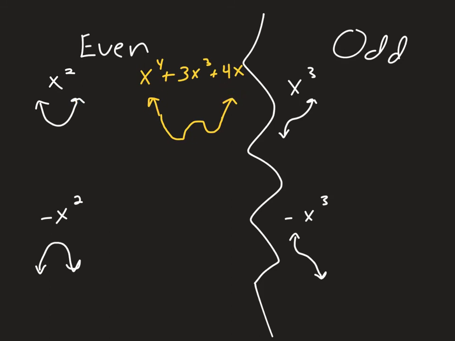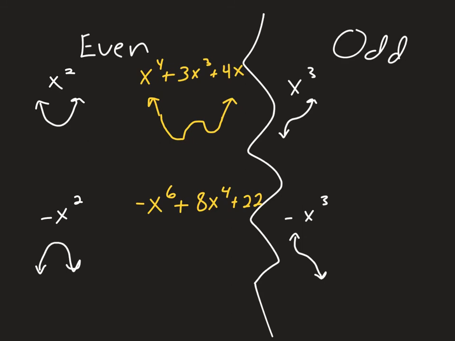Okay, let's compare that with maybe an even negative function. So what if I had something like a negative x to the 6th, and then plus anything else, maybe 8x to the 4th plus 22 or anything like that. The important thing is if it's an even function, so the highest power is even, 2 here, 6 here, and a negative leading coefficient, then the end behavior is going to match this model.